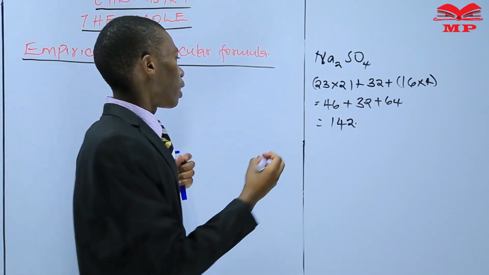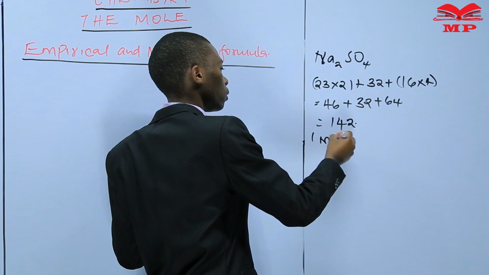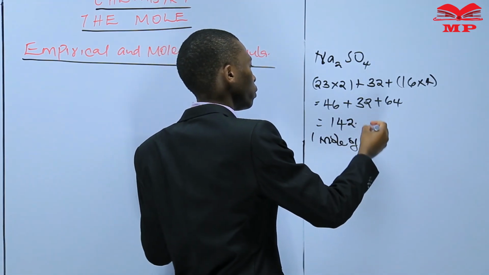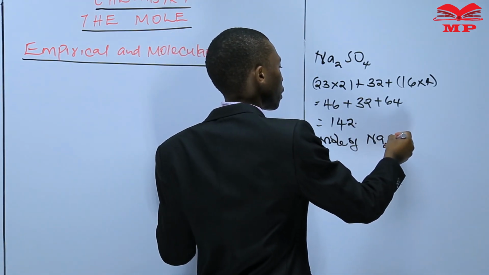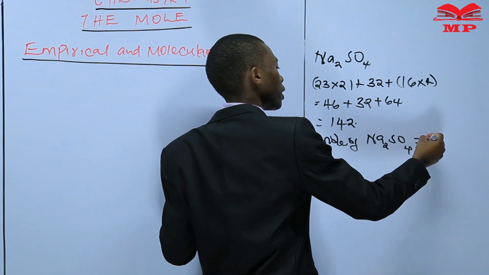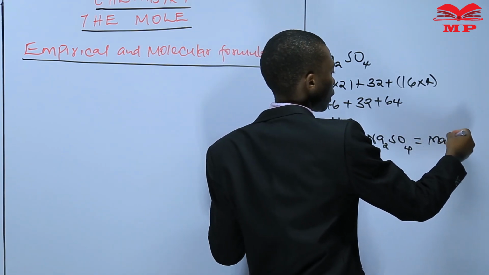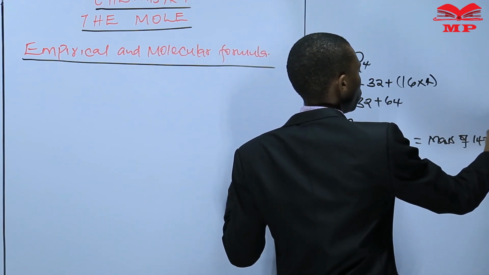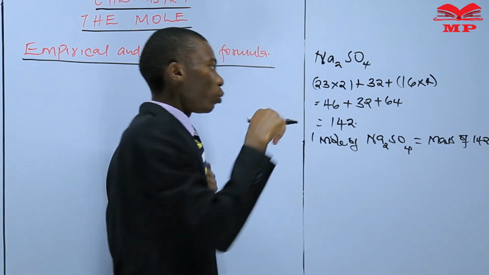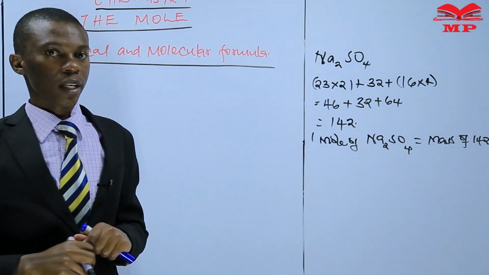And therefore, we said that 1 mole of sodium sulfate is equivalent to a mass of 142. That is what we were doing in the previous lesson.